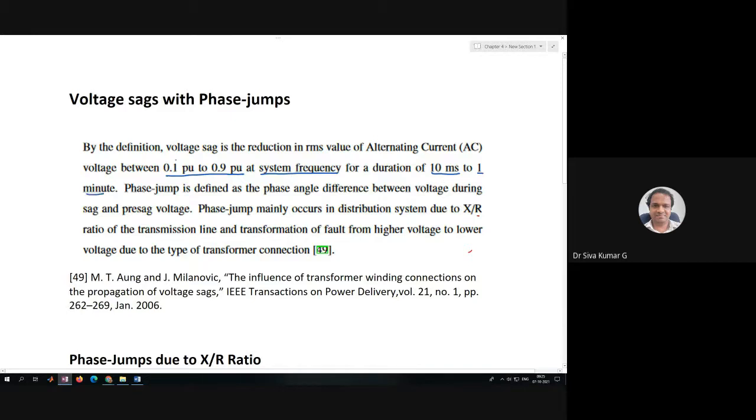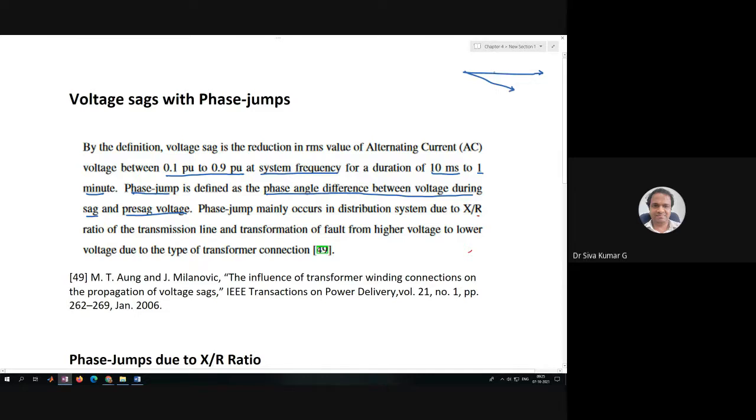Apart from this, there is a phase jump, which is defined as the phase angle difference between the voltage during the sag and the pre-sag voltage. This is the pre-sag voltage and this is the sag voltage.